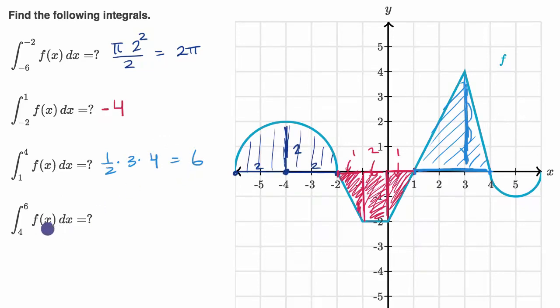All right, last but not least, if we are going from 4 to 6 of f of x dx, so that's going to be this area right over here. But we have to be careful. Our function is below the x-axis. So we'll figure out this area, and then it's going to be negative. So this is a half of a circle of radius 1. And so the area of a circle is pi times r squared.